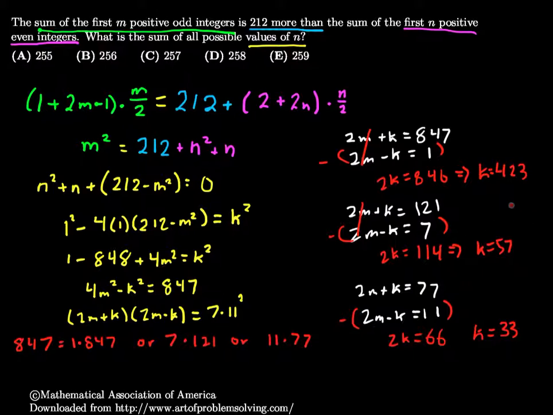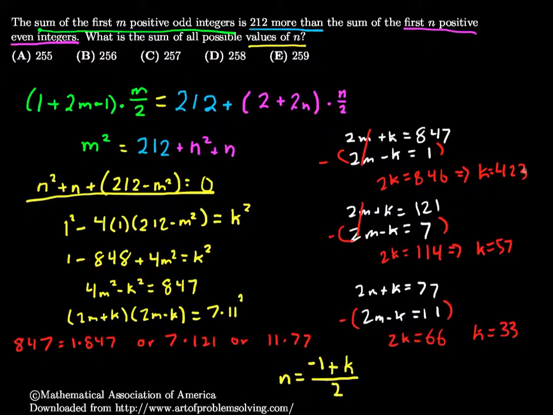But this was the square root of the discriminant, and so what we can use from that is we know that the entire quadratic from this will give me n is equal to negative b, which is negative 1, plus or minus. I'm just going to do plus because I don't want any negative integers here, so plus the square root of k squared, because k squared is the discriminant, so it's just going to be k, all over 2.